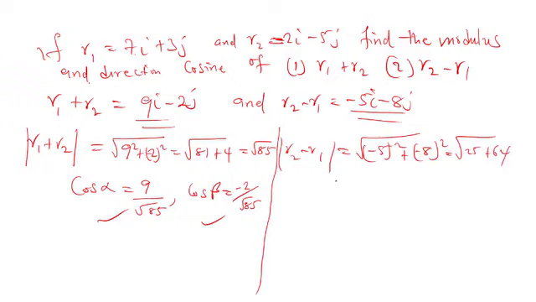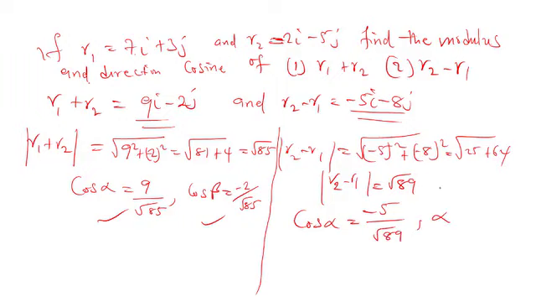So the modulus of r2 minus r1 is root 89, and with this the direction cosine: cos alpha is equal to minus 5 over root 89, and cos beta is equal to minus 8 over the modulus, root 89.